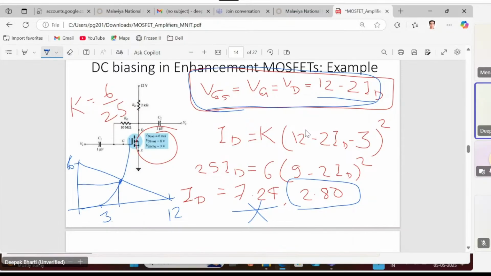We have to write the appropriate current equation, and then solve the load line and the current equation of the device simultaneously, then get the roots, and then select the appropriate root on the basis of the position of the intersection point. So I hope that is clear.